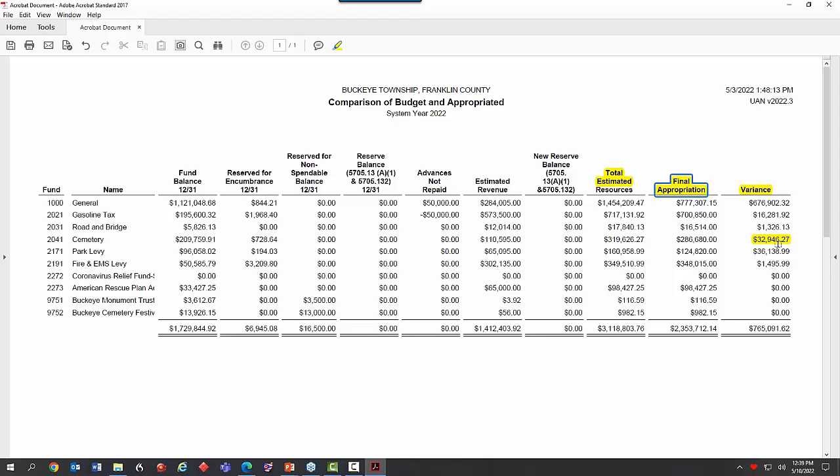And let's say the fund has right now $48,000 in it, but we're going to spend $30,000 on mowing. Is that going to leave me enough to operate on until we get the second half taxes? So you have to think of cash management as well as budget, because fund accounting is such a fun ride. Okay, so I can tell my board we can appropriate, and I also have to look at my cash.